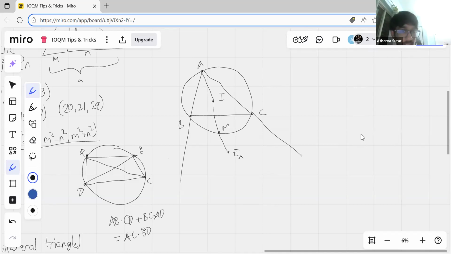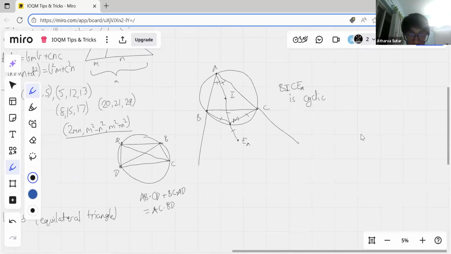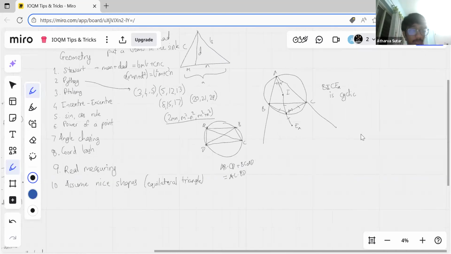Another important thing is MB is equal to MC, which is equal to MI, which is also equal to ME. So B, I, C, E is a cyclic quadrilateral with center M. This is a very important thing, and you also have angles equal and so on. That's the incenter-excenter lemma.